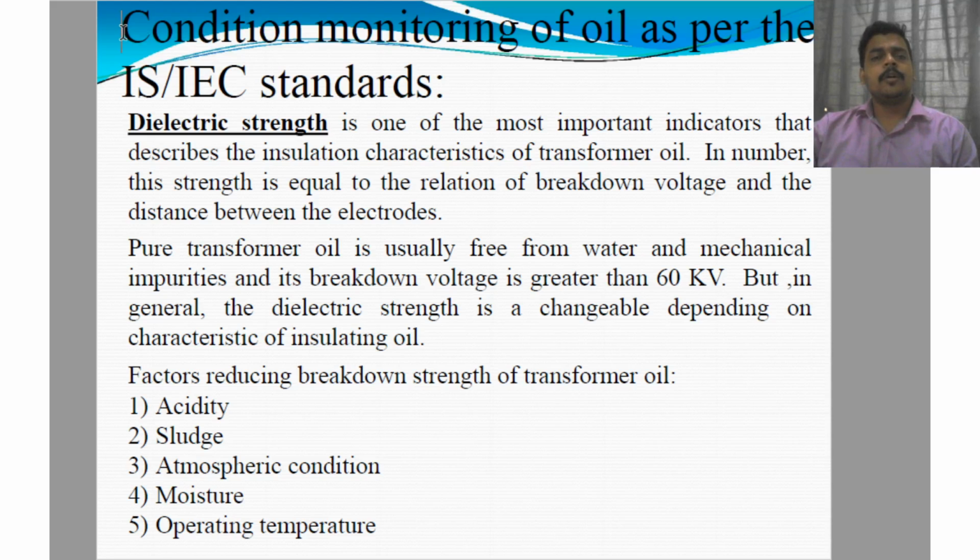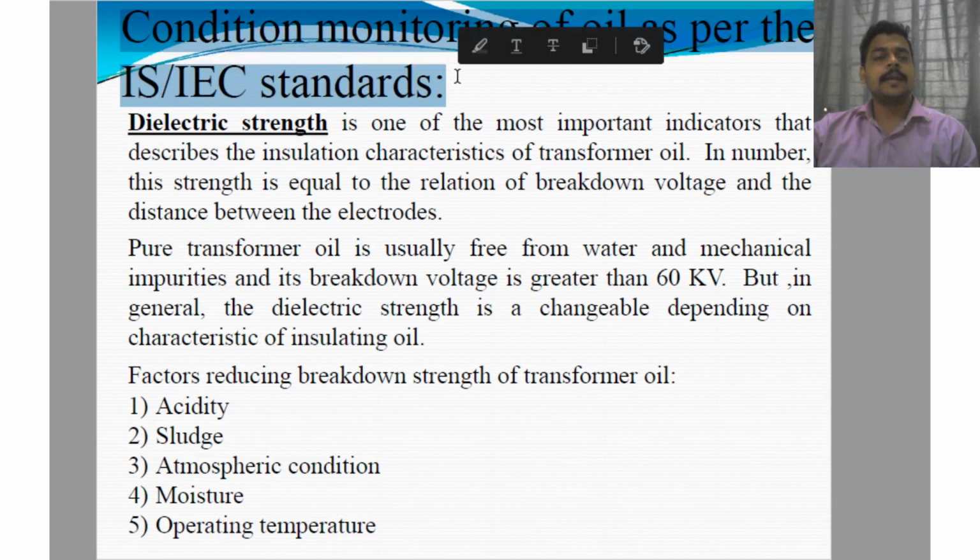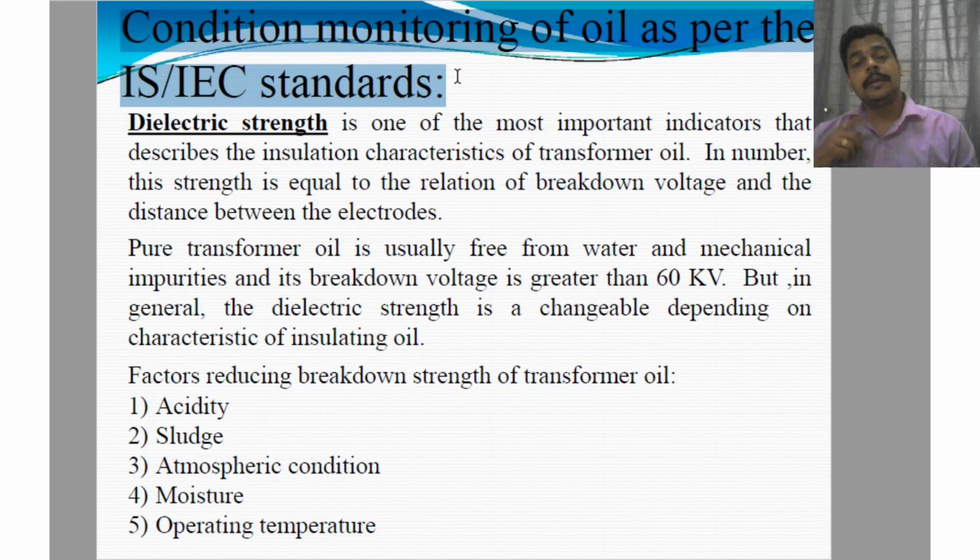We are interested in the condition monitoring of the oil as per the IS and IEC standards. In the first class of this unit number 4, we discussed what IS is. IS is a set of standards recognized by all the engineers and company persons who are working in the electrical industries.